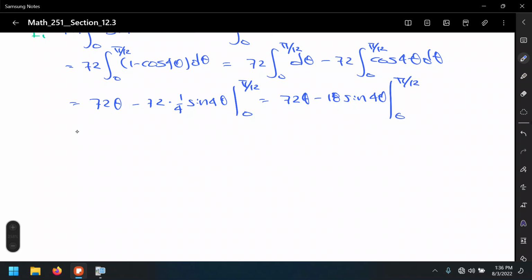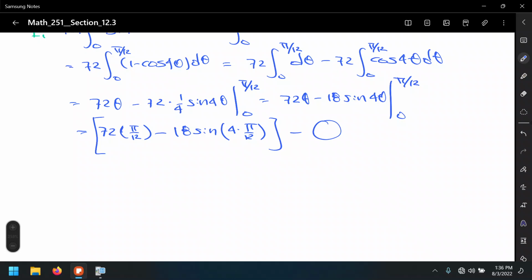This is going to give us 72 times pi over 12 minus 18 sine of 4 times pi over 12. That's the upper limit, minus the lower limit. Well, the lower limit, do we all agree that it's going to give us a big 0 here? Because if we plug in 0 for theta, 72 times 0 is 0, and sine of 4 times 0, which is still sine of 0, gives us a big 0.